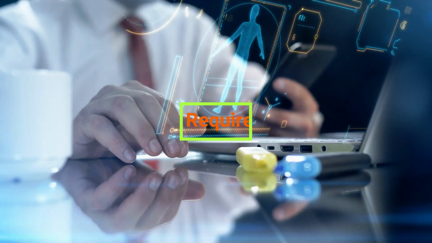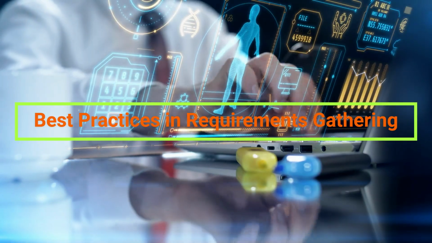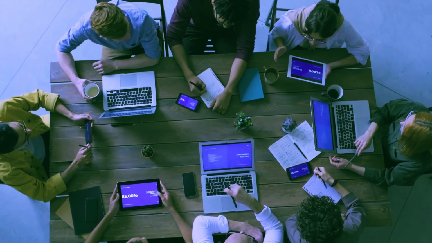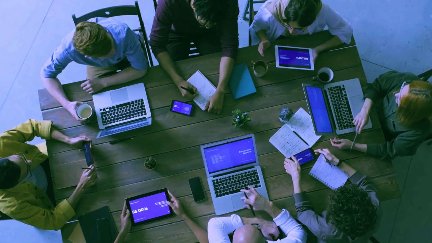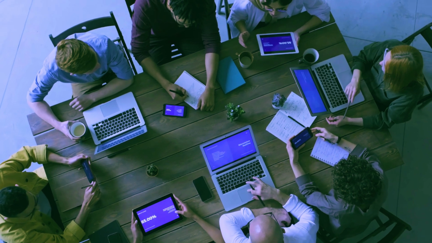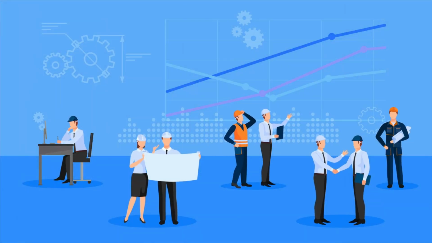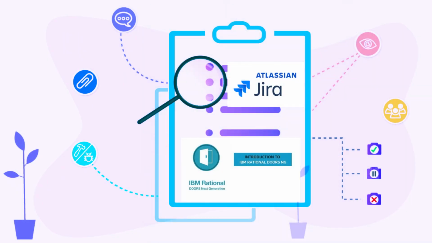Best practices in requirements gathering. 1. Clear communication. Maintain open and clear communication with stakeholders to ensure a mutual understanding of requirements. 2. Iterative approach. Revisit and refine requirements as needed throughout the project to accommodate new insights and changes. 3.